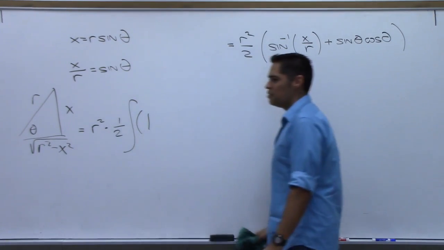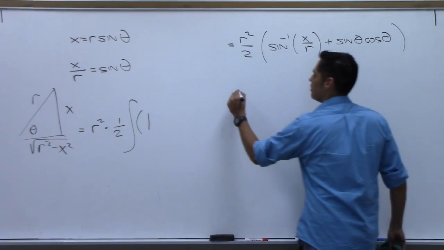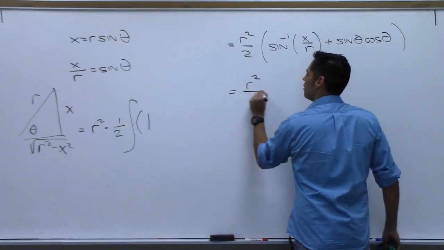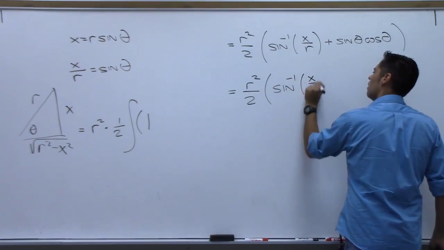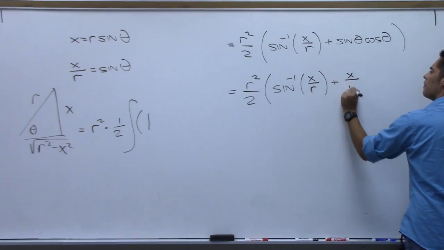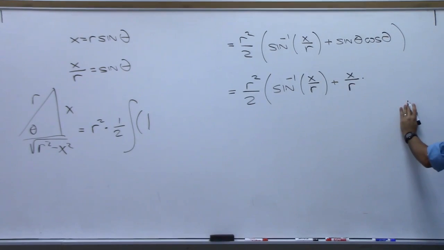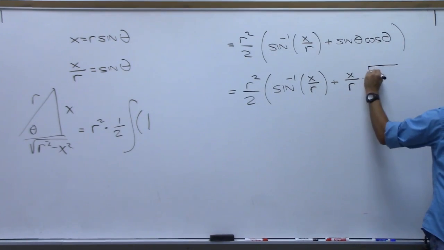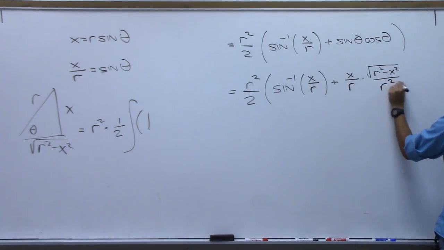We are doing what took thousands and thousands of years to figure out in like 15, 20 minutes here. So this is a good thing. All right, we have arc sine of x over r, and then plus sine theta, which you said was x over r, and cosine theta was root r squared minus x squared over r squared.